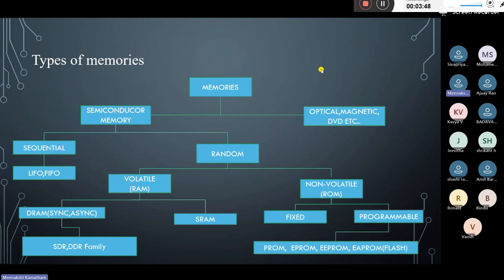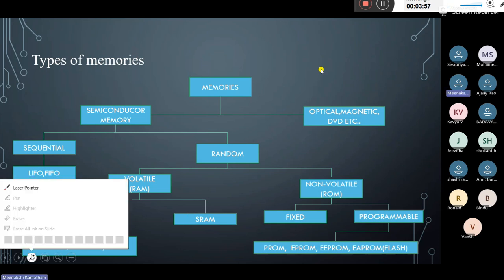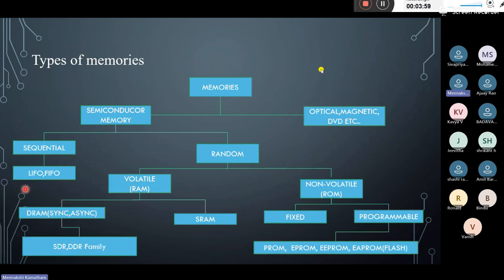Memory is nothing but storing some amount of data. We have different types of memories, that is, semiconductor memories. Memory is nothing but storing data: RAM, ROM, generally. But in depth, we have different types of memories, like sequential memories, that is LIFOs and FIFOs, last in first out, and random memories. RAM and ROM come under random memories, that is random access memory.